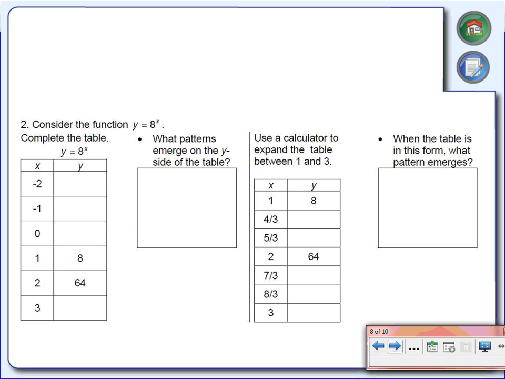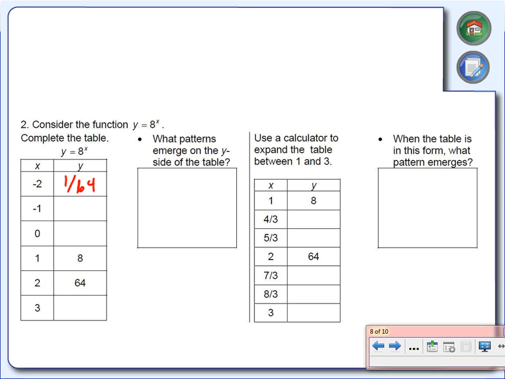8 to the x power. What do we see next to the -2? Okay. Now what would that be as a fraction? As a fraction, that would be 1 over 64.